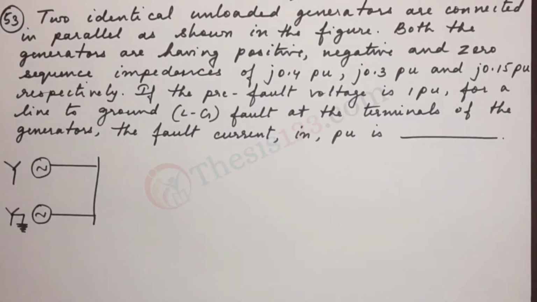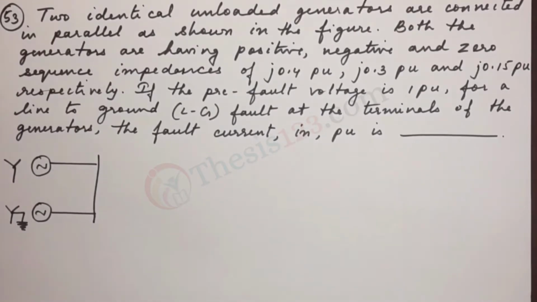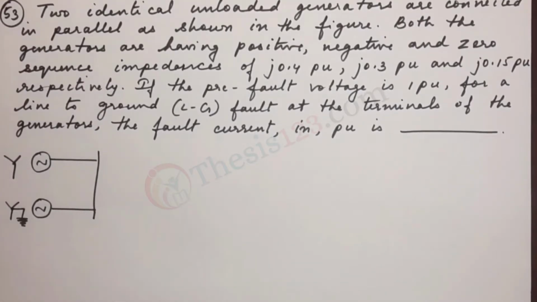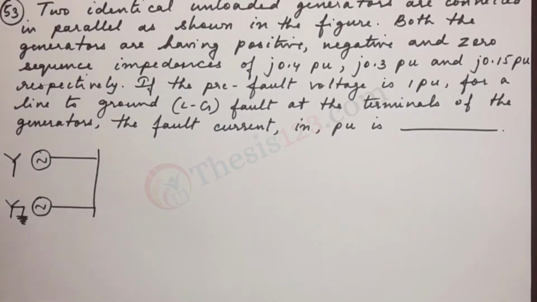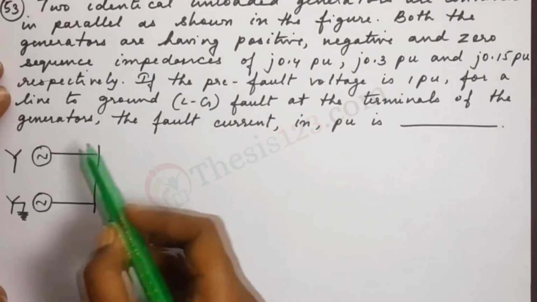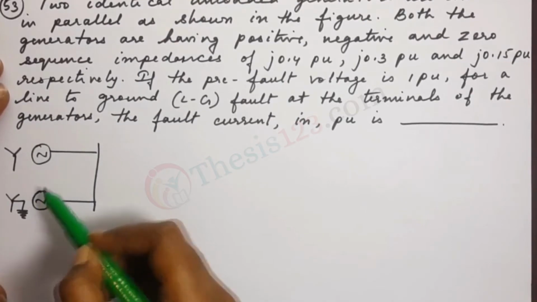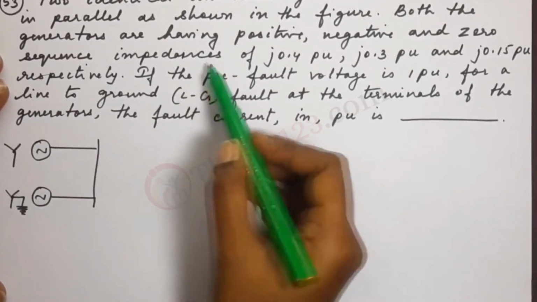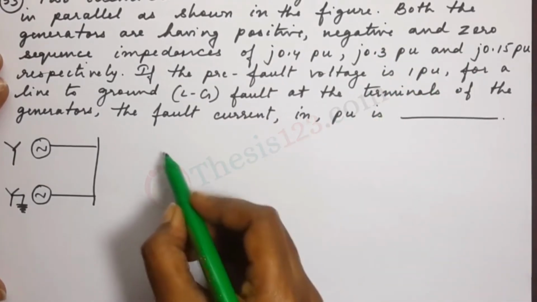Okay, so what we can do first is to try and put it all down in the form of a diagram so that we have a good view of what's been given to us. So we have two generators here, and the sequences are also given. The sequence impedance is positive, negative and zero.